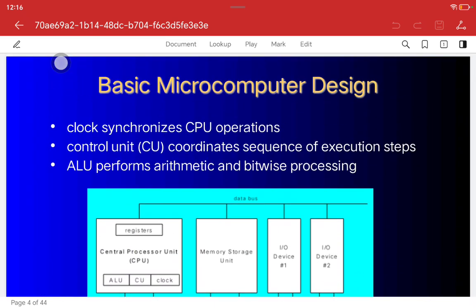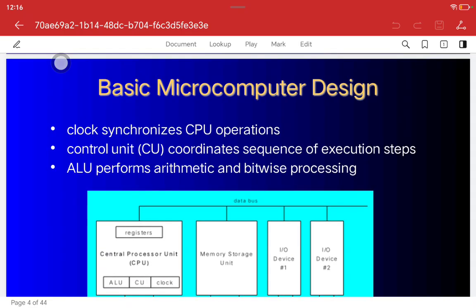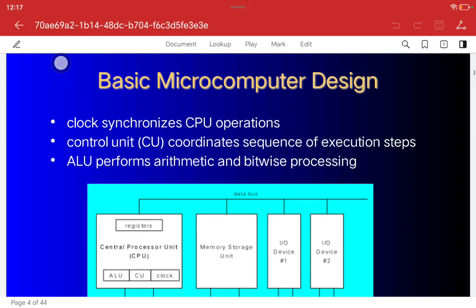Then for these ones, within chapters 3, 4, 5, we'll focus on this information in detail, on what happens when we're dealing with the ALU performing arithmetic, and also the control unit. And also we look at the bitwise processing.